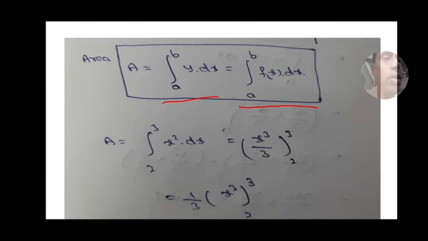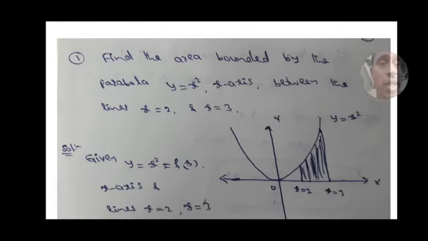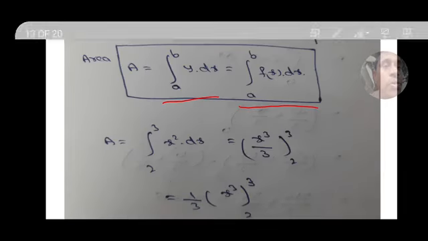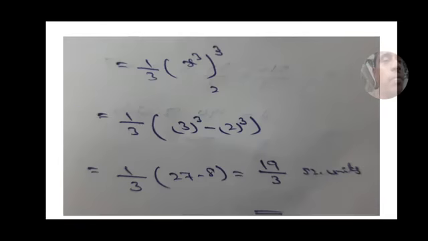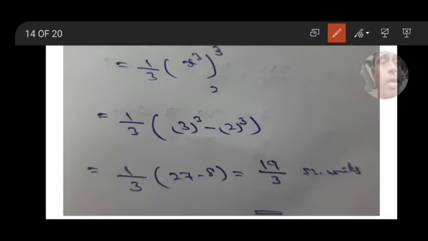What is f of x here? F of x is x square, and a equal to 2, b equal to 3. Substitute and integrate: integration 2 to 3 of x square dx, which is x cube by 3 from 2 to 3, that is 1 by 3 into x cube from 2 to 3, upper limit minus lower limit. Next, 1 by 3 into 3 cube minus 2 cube.